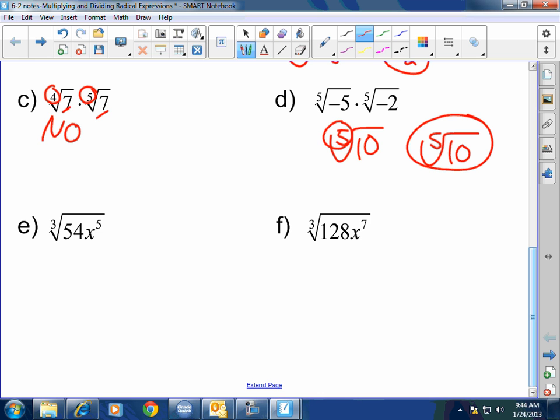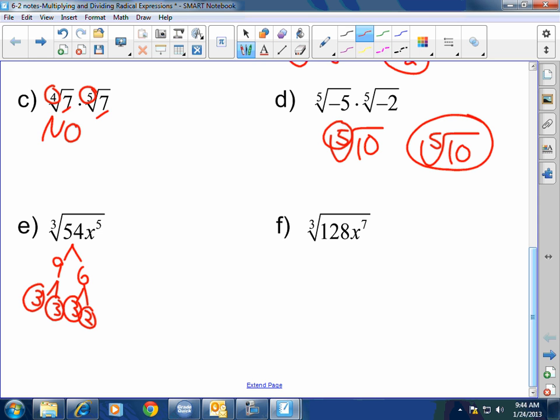All right, now, besides multiplying, we're going to do a little bit of heavier simplifying. So what's the cube root of 54x to the 5th? Break it down, boys. How does 54 break down? 9 times 6? Okay.